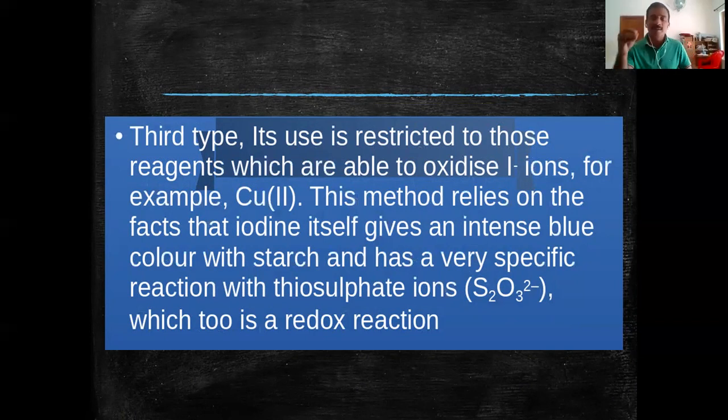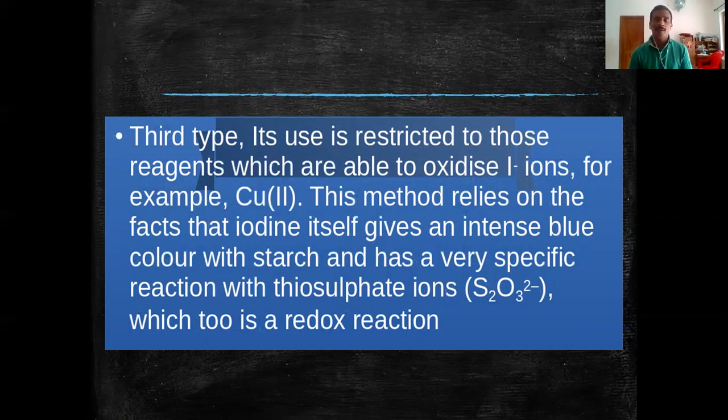When potassium iodide is added to Cu2+ ion solution, what happens? Iodine will be liberated. That liberated iodine will react with sodium thiosulfate, hypo. So if there is Cu2+, surely iodine will be liberated, and it will react with sodium thiosulfate.